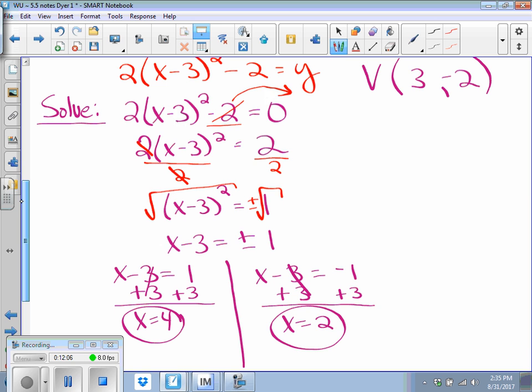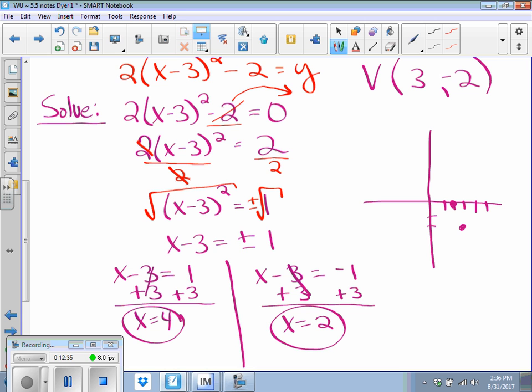With us finding the vertex and the 2 solutions, that tells us a lot of information. If I had to graph, which you don't have to graph in tonight's homework, but if I had to graph this, if the vertex is at 3, negative 2, so 1, 2, 3, negative 2, and I know that my 2 solutions are 2 and 4, those are points on the x-axis.